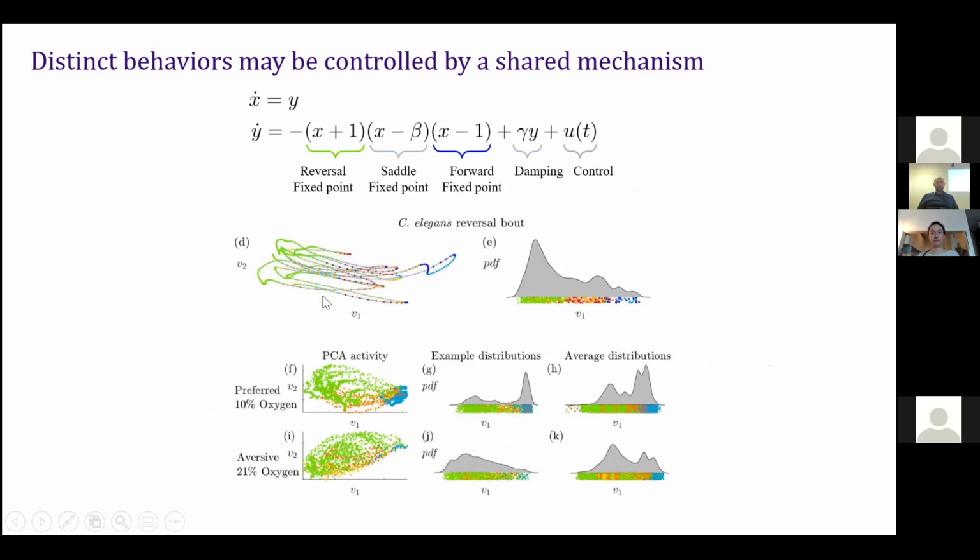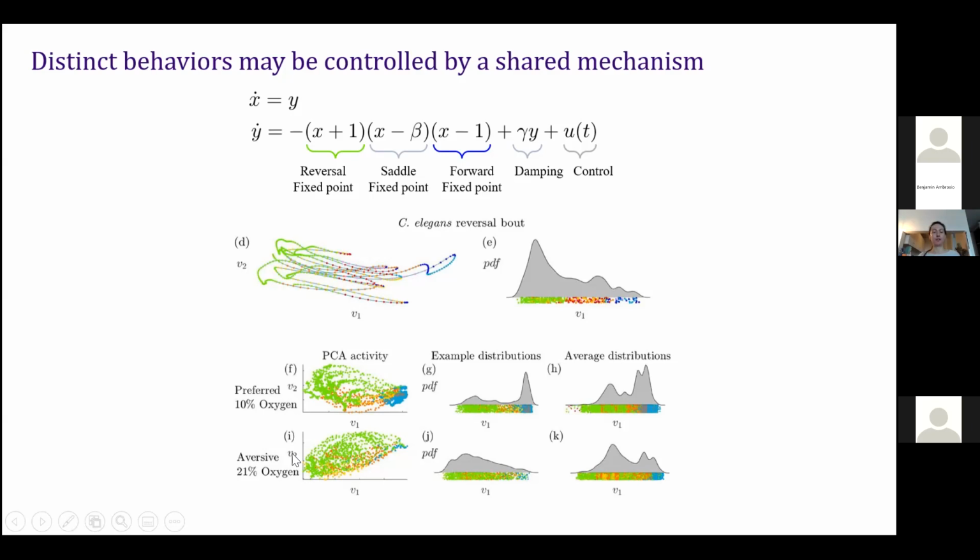So for example, the C. elegans have these reversal bouts where they're in this reversal state, they'll transition into a forward swimming state, but then quickly transition back to a reversal state. And this type of behavior can be induced by changing the oxygen levels.